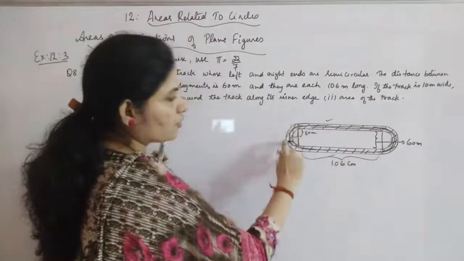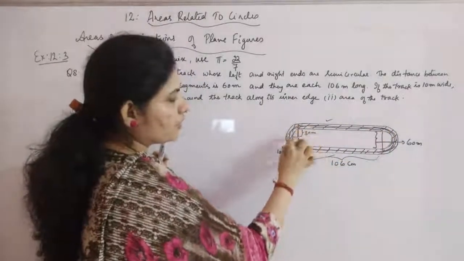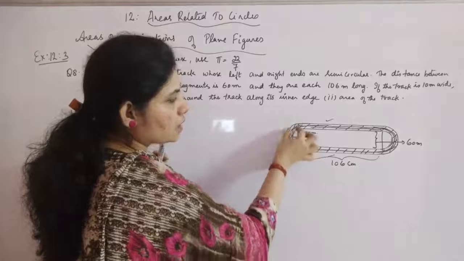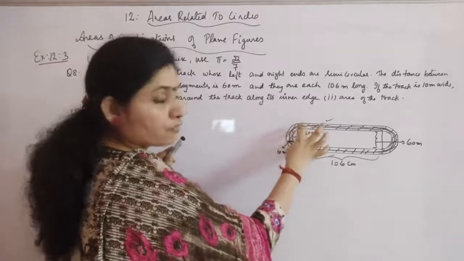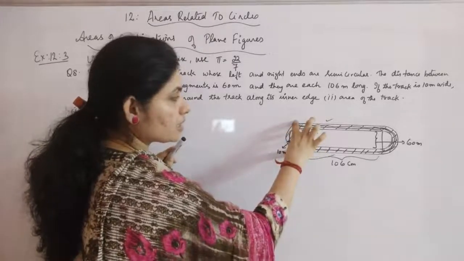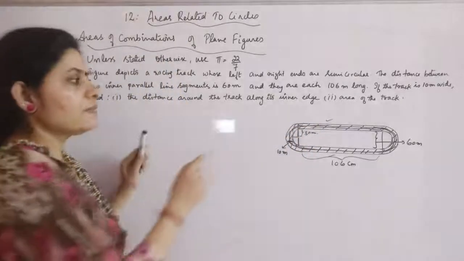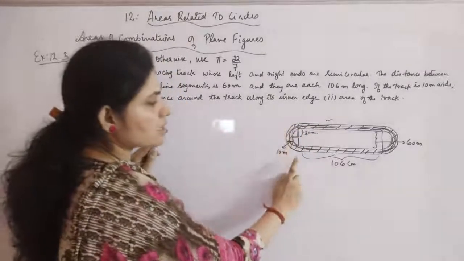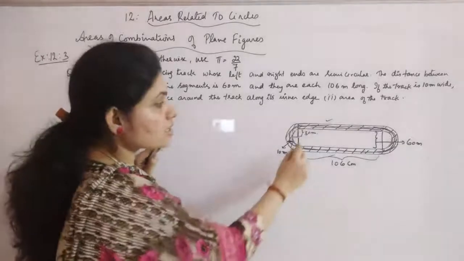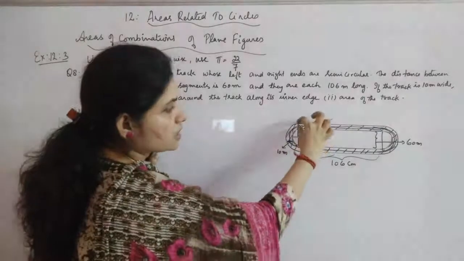Now again, if you go for this one, to get this region you have to subtract which 2 regions? The bigger circular region minus the smaller circular region, or you can say semicircular region, right? And the bigger semicircular region, what will be its radius? This much is 30, this is 10.